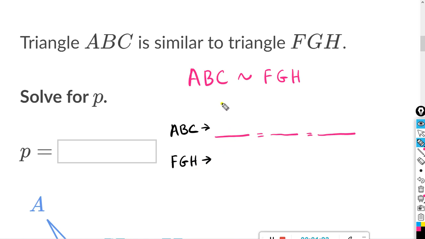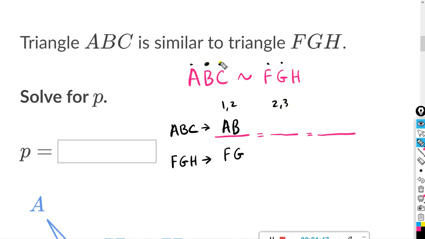In the first fraction, I'm going to use the first two letters in each one. That's AB and FG. I chose letters number 1 and 2. The second fraction, I'll choose letters number 2 and 3.